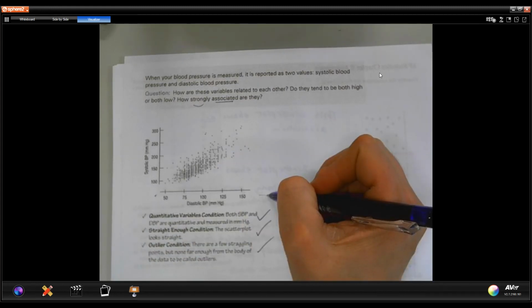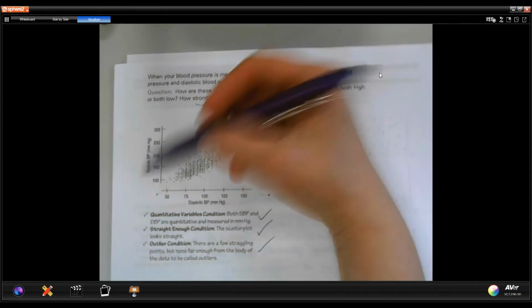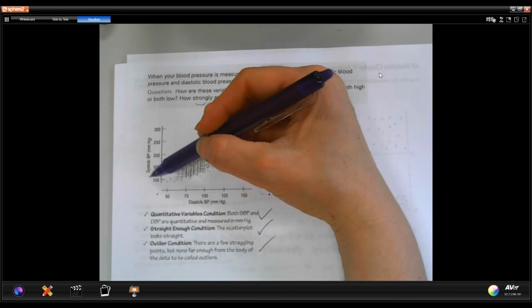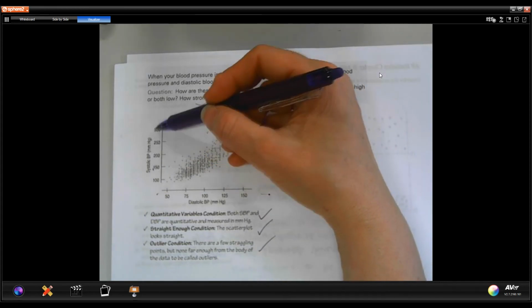That is how strongly associated they are. The scatter plot shows a positive direction, with higher SBP going with higher DBP. So the higher your diastolic blood pressure is, the higher the systolic blood pressure tends to be, because it's a trend. All right, there we go.